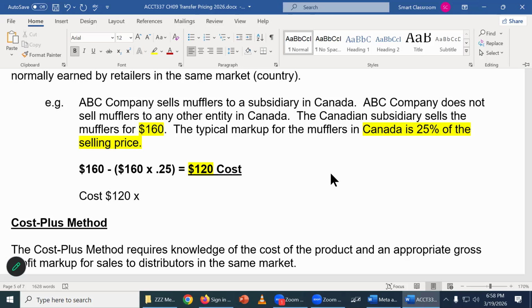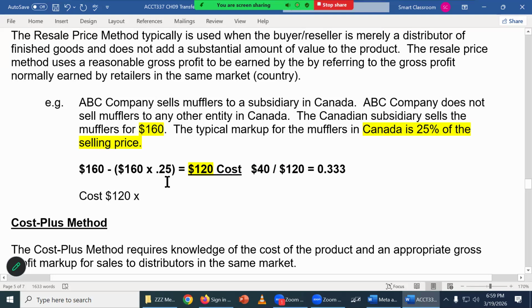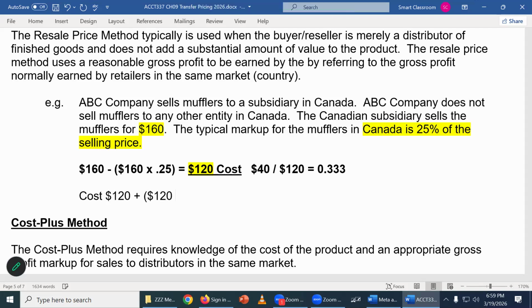Okay, so the markup here is $40. So this would be 40 divided by 120. And that would equal 0.333 going on forever. So 120 plus that.